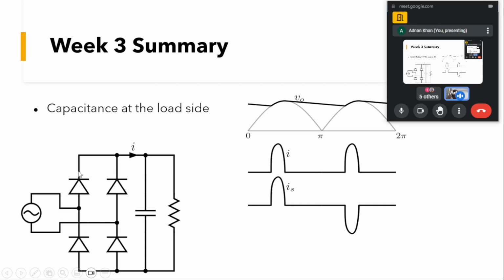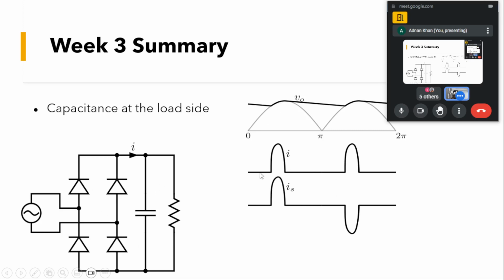This diode will only start conducting once the input voltage is higher than this output voltage, the voltage across this capacitor. As soon as this input voltage, traced by this gray line, is higher than that voltage, the diodes will start conducting.